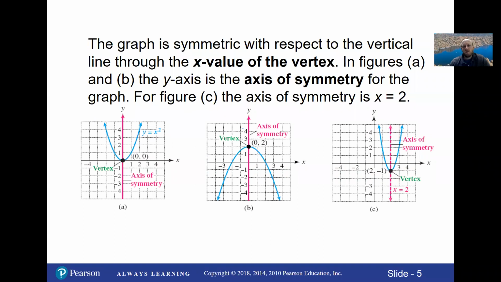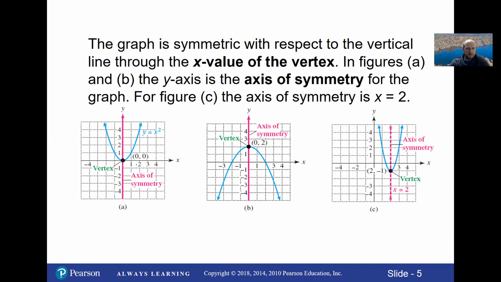Let's go over some basic graphs of parabolas. The graph of a parabola is symmetric with respect to the vertical line through the x value of the vertex. In this blue graph, if y equals x squared, this is our function.